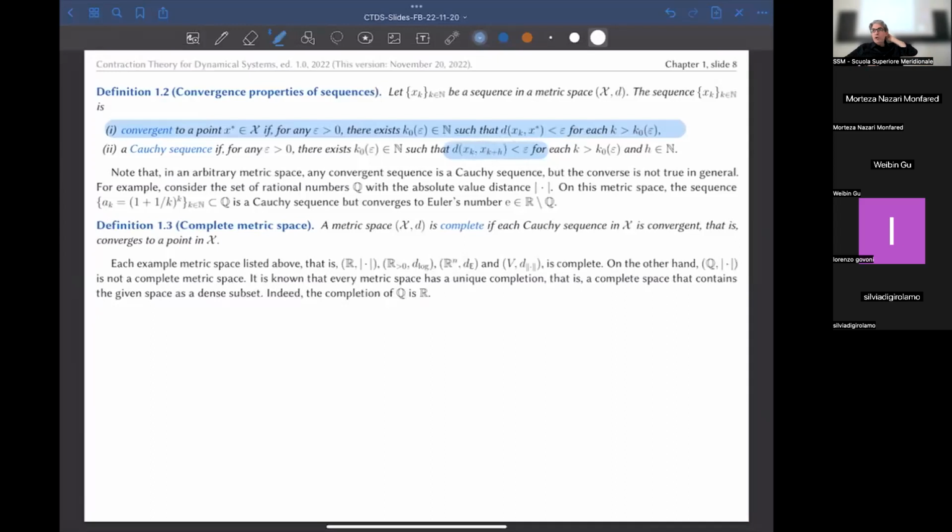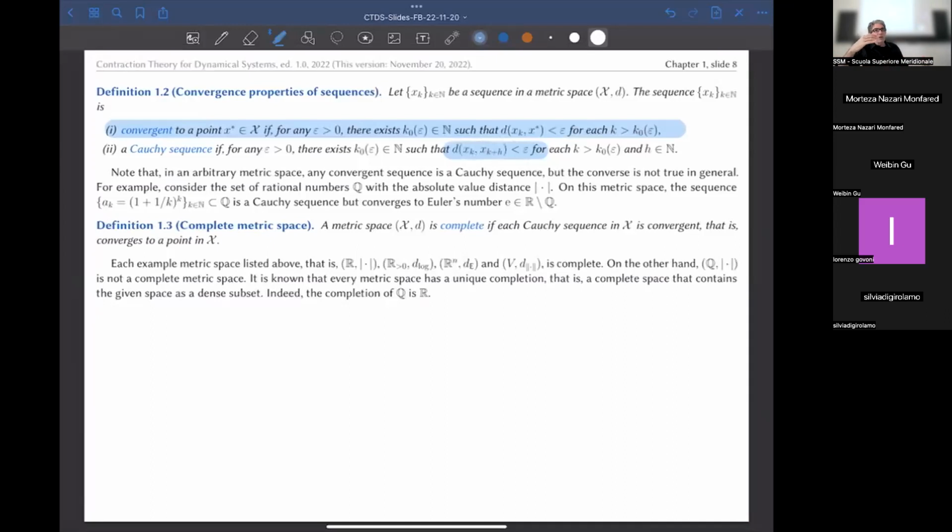And now the key concept, I hope I'm reminding you, you may have studied it, is that in some metric spaces, if a sequence is Cauchy, then it's also converging to a point. So if the points in the sequence are getting arbitrarily close, then there must exist a point to which you're converging.